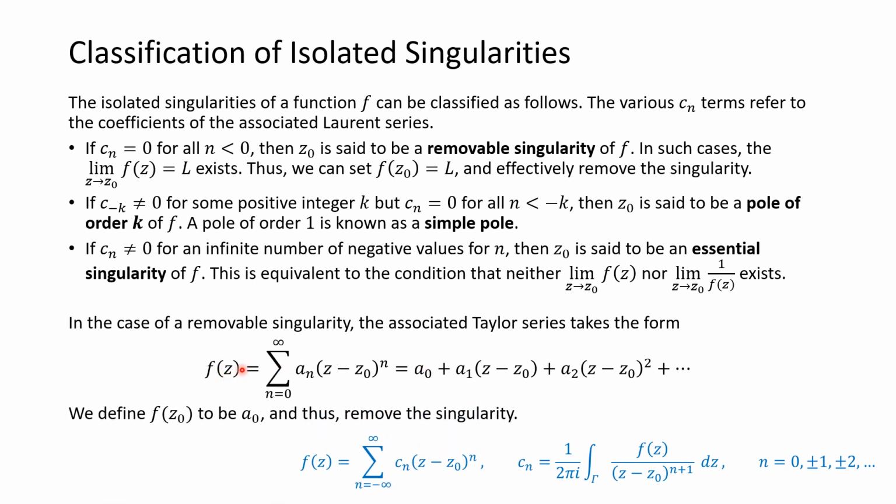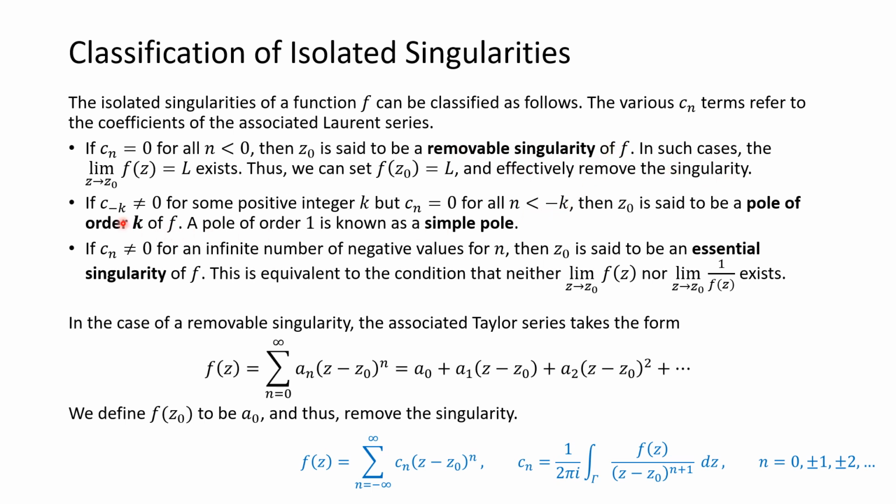So we know that f of z sub 0 doesn't exist because we assumed it was a singularity, but the limit does exist. And in fact, it equals a sub 0. So we can redefine the function at z sub 0 to equal a sub 0 and effectively remove this singularity. I'll show you an example of this, and hopefully it'll be a little clearer when you see what I mean by a removable singularity.